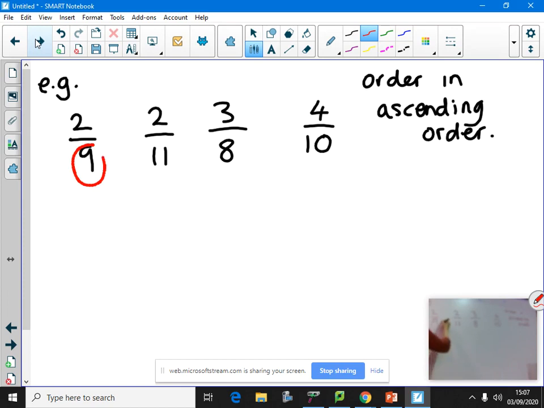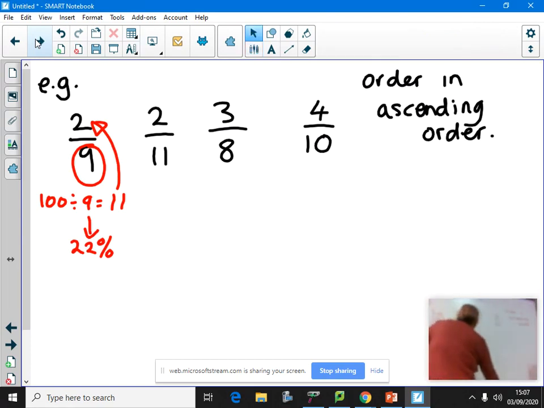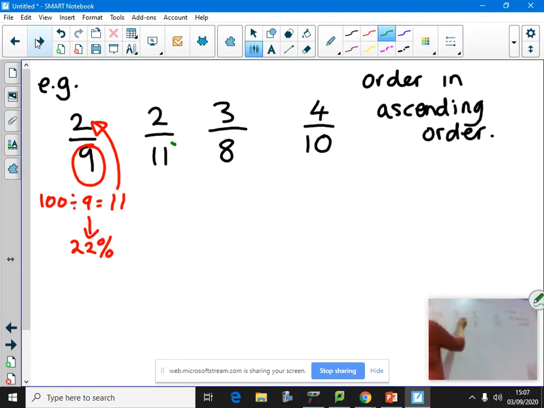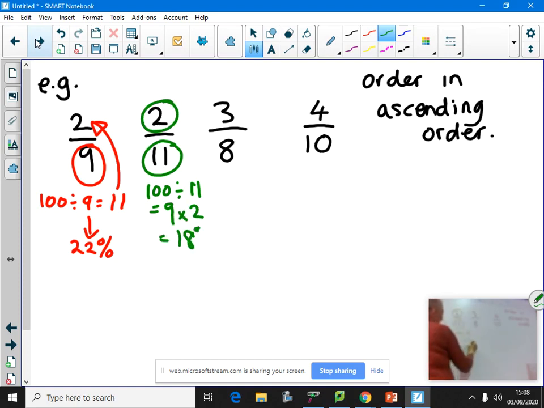So how many nines in 100? 100 divided by 9 equals, well, there's 10 in 90, so there'd be 11. Okay, and then we times by the top. So this one is therefore 22%. We can do that for this one. How many 11s in 100? 100 divided by 11 equals 9, times by the top, times by 2 equals 18%.